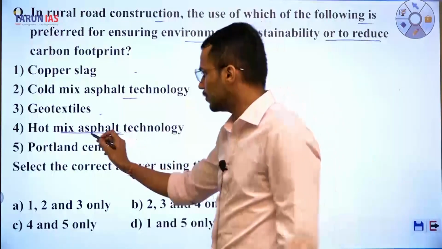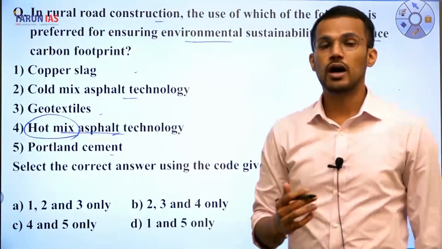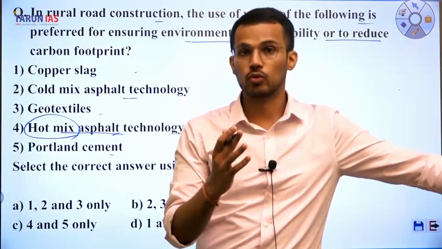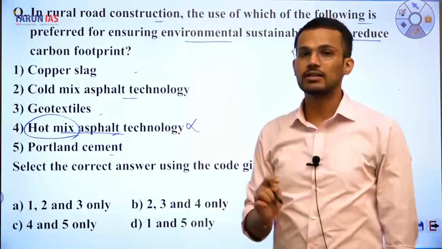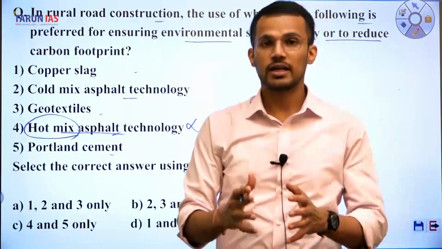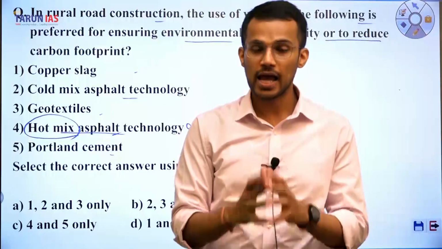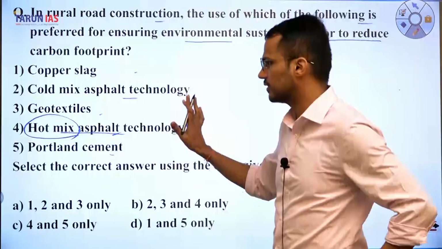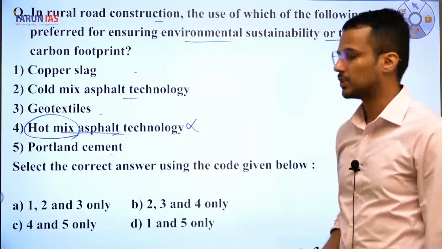Whenever we use the hot mix method for asphalt production, we are burning lots of fossil fuel, and it may be in the form of wood, and that's why this should not be the environmentally friendly technique for rural road construction, because it leads to production of lots of pollution, as well as greenhouse gases, and hence this should be eliminated from these options.